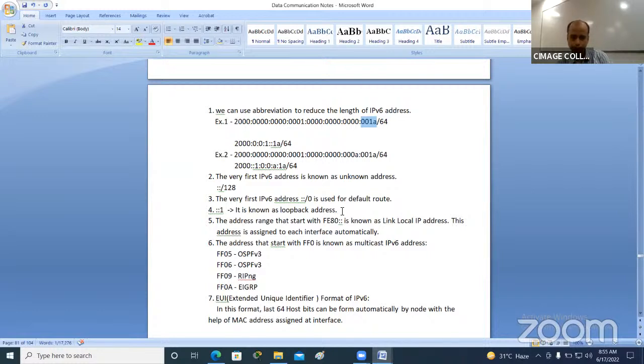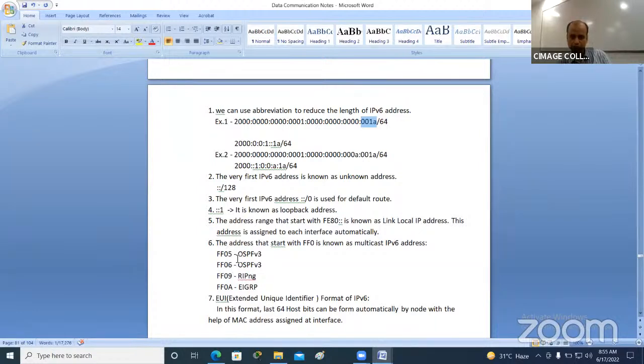Fine. And what about the link local IP address? It is assigned automatically to every node and it always starts with FE80. There is also the concept of multicast IP, and multicast IP always starts with FF0. For example, FF05, FF06.